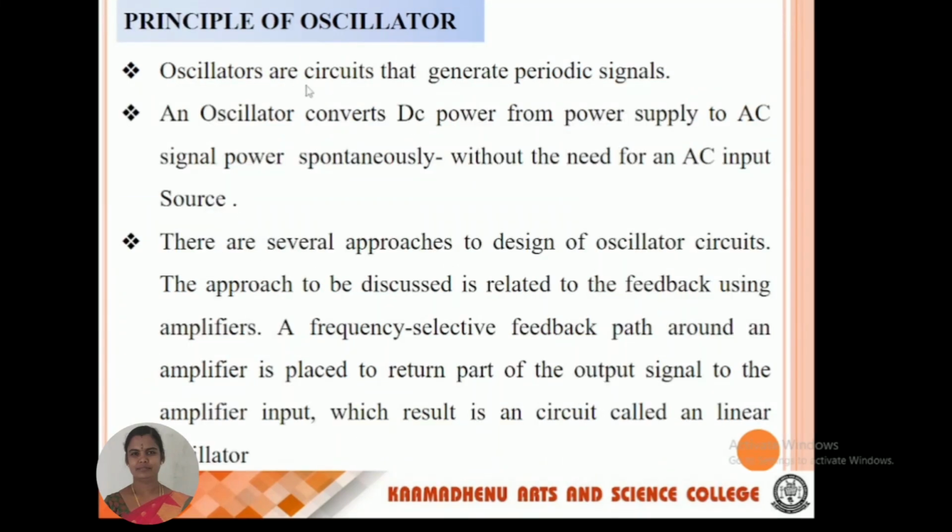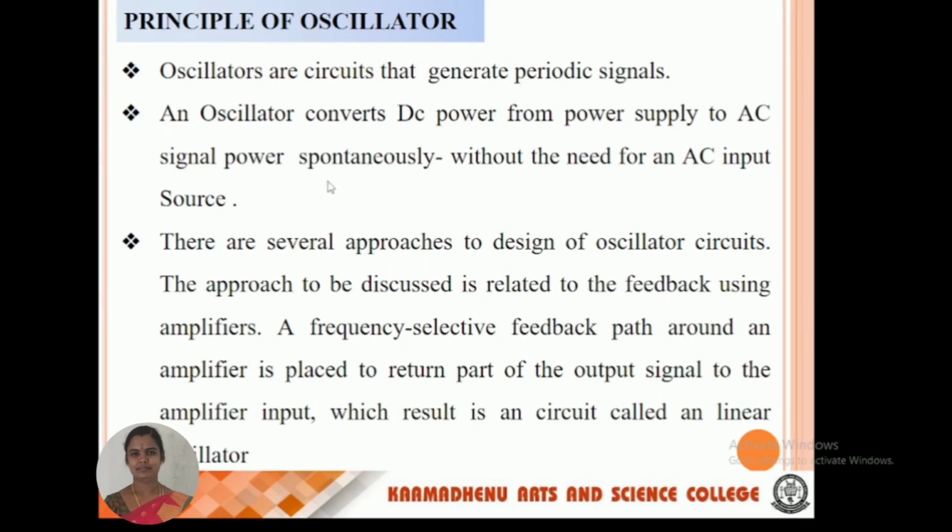Oscillators are circuits that generate periodic signals. An oscillator converts DC power from the power supply to AC signal power spontaneously, without the need for an AC input source.